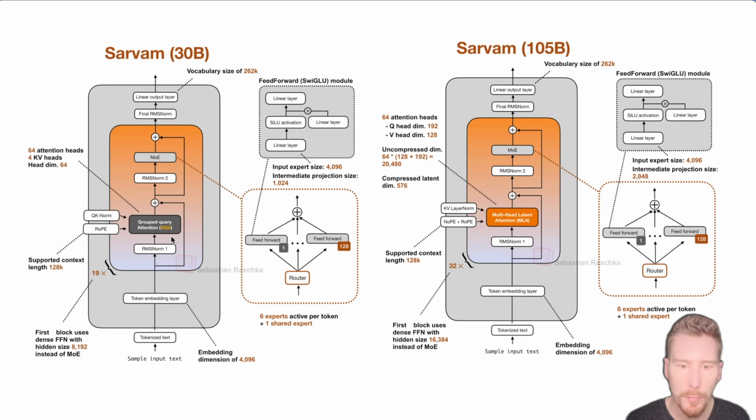Unfortunately, the Sarvam report didn't have an ablation study where they trained the same size with GQA and MLA, because that would be very expensive to do a full run. But I think this is still some evidence that there was a deliberate choice that for small models, GQA is just fine.